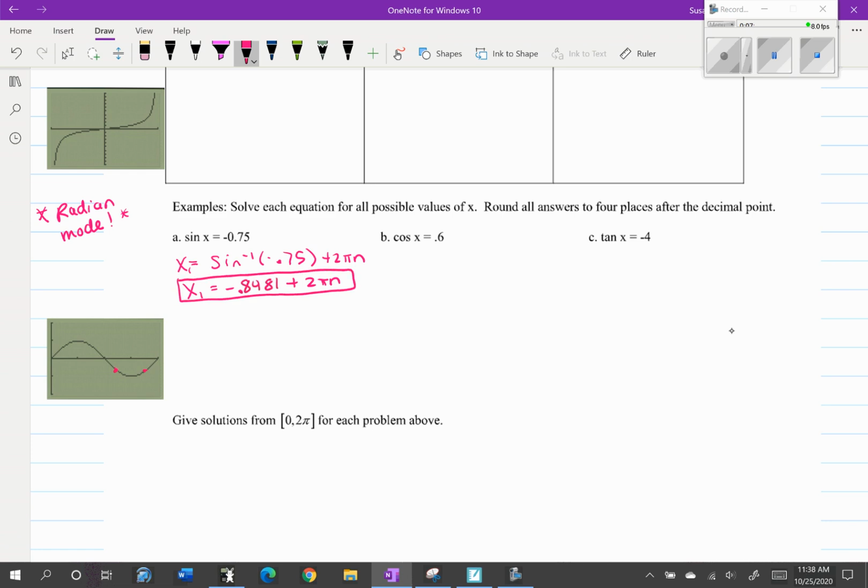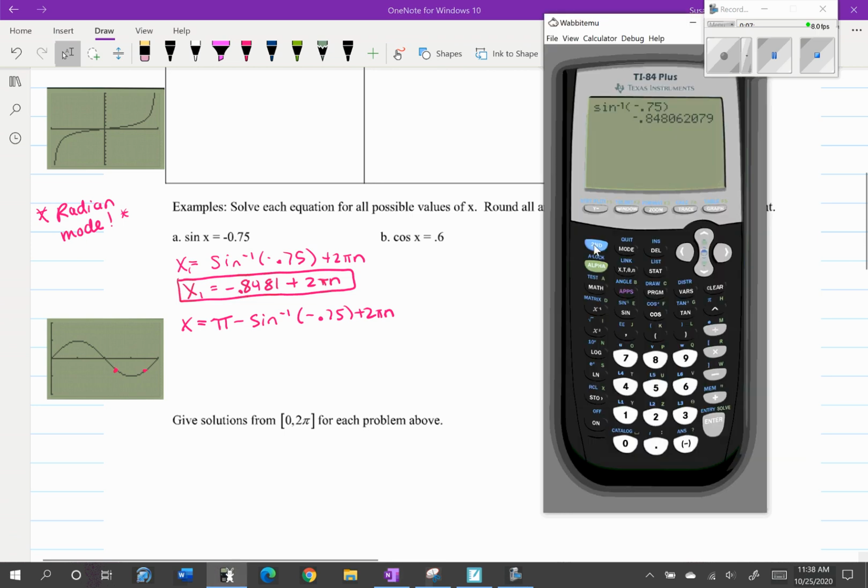So that gives us our first solution. And then for our second solution, we do remember pi minus the sine inverse. So x is equal to pi minus the sine inverse of -0.75 plus all coterminal answers. So all we have to do is plug this into our calculator.